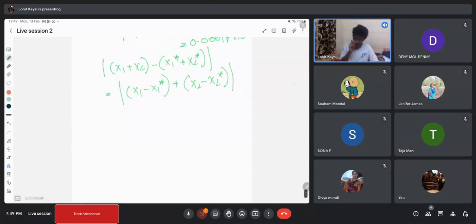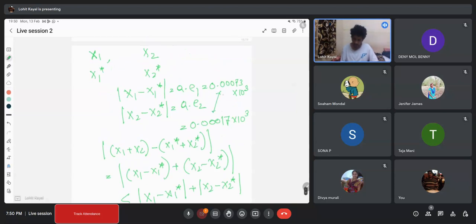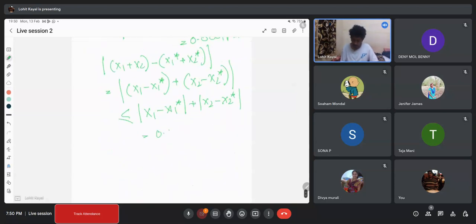Now from the triangle inequality, the maximum value will be just the addition of these two. So the answer will be 0.0090 into 10 to the power 3. So this will be your final answer. Okay, just a very straightforward question.